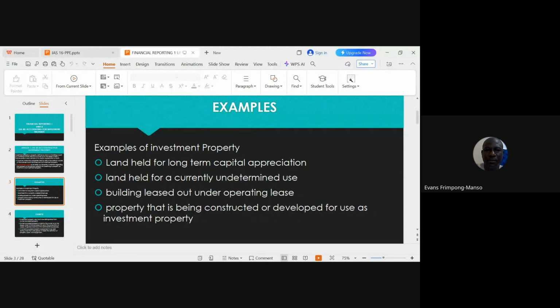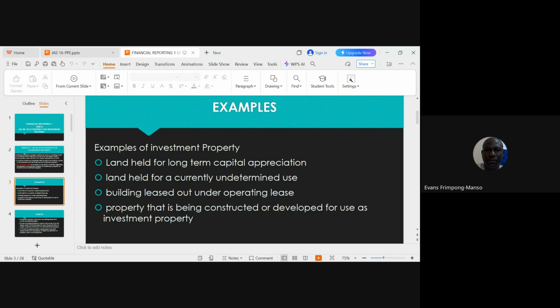It is also an investment property. Building leased out under an operating lease is also an investment property. So it says building leased out under an operating lease.